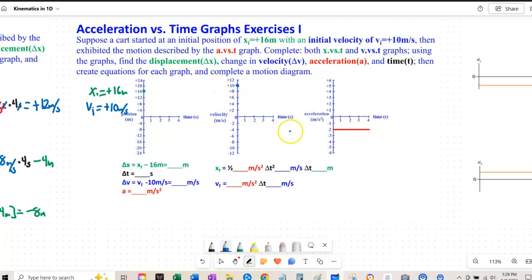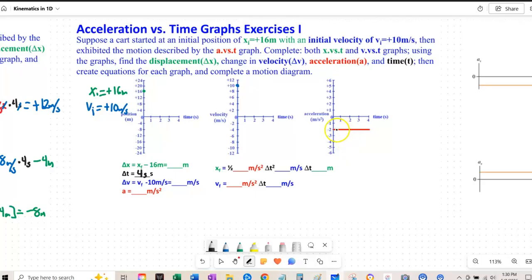Okay. It looks like it's giving us information from an acceleration versus time graph for a period of 4 seconds. So I'm going to put the 4 seconds right here. Okay. So we know quite a bit of information. I think we actually have more information than we did in the last graph. I don't know. We'll find out. We know the acceleration right here is going to be -2 meters per second squared over a period of 4 seconds.